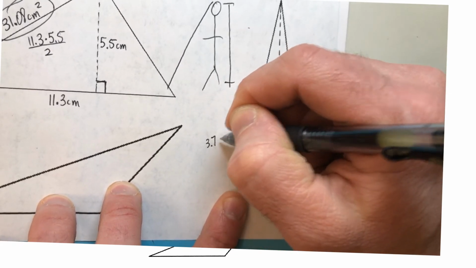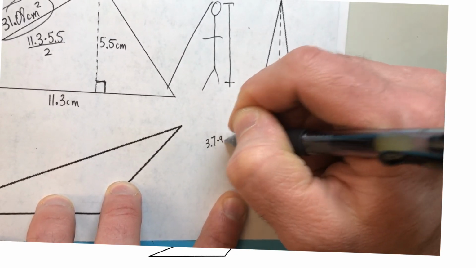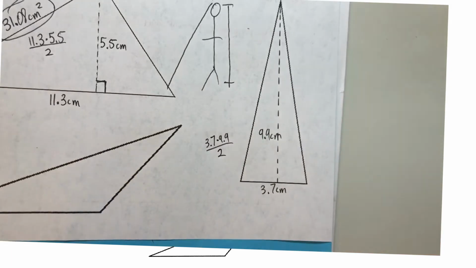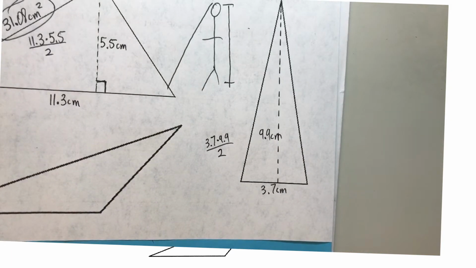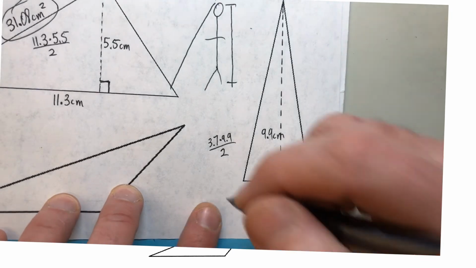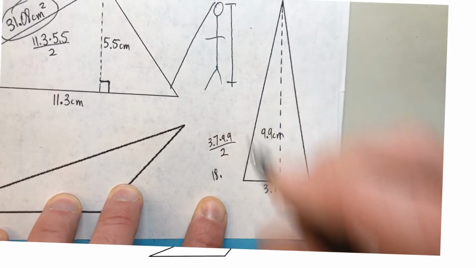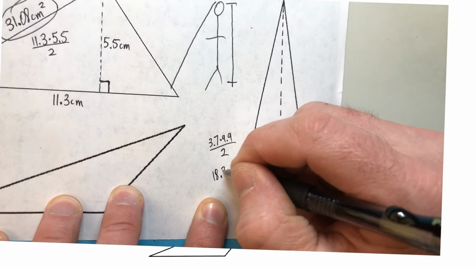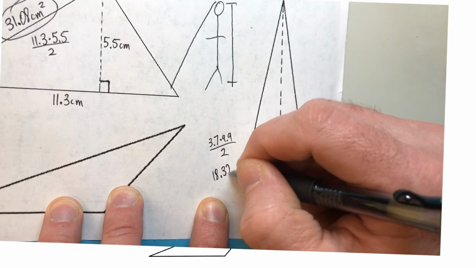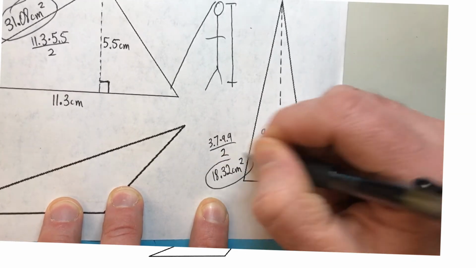All right, so 3.7 times 9.9 divided by 2. What does that give you? 18.32 square centimeters.